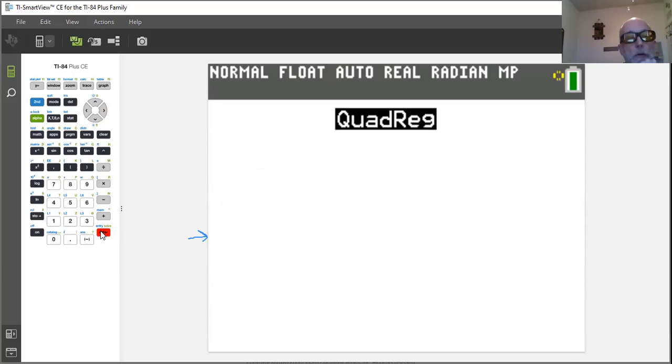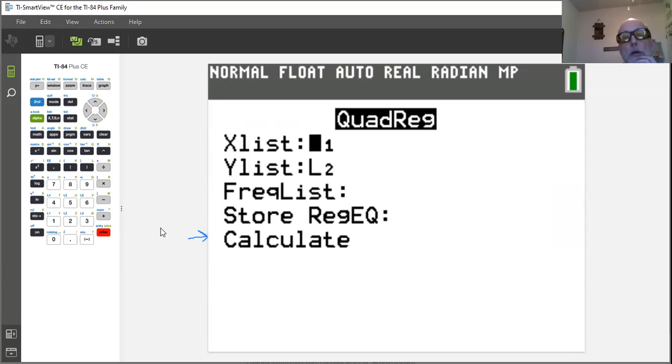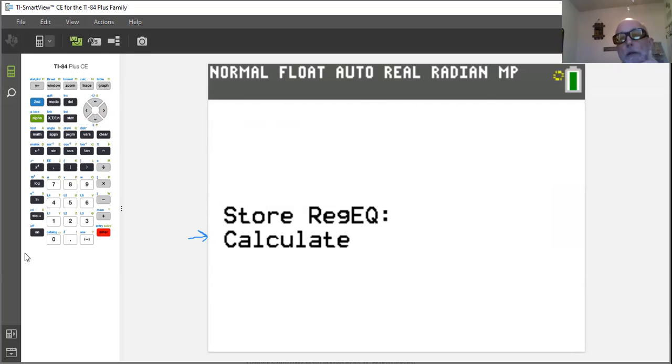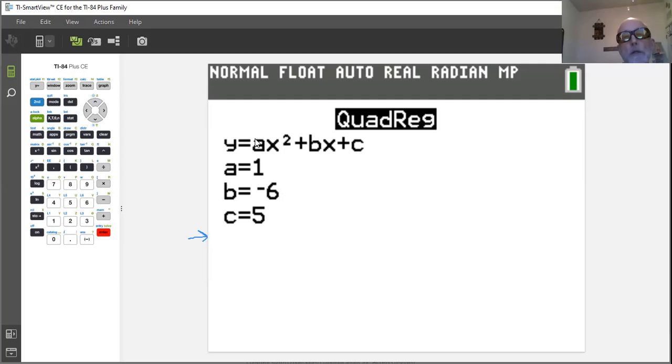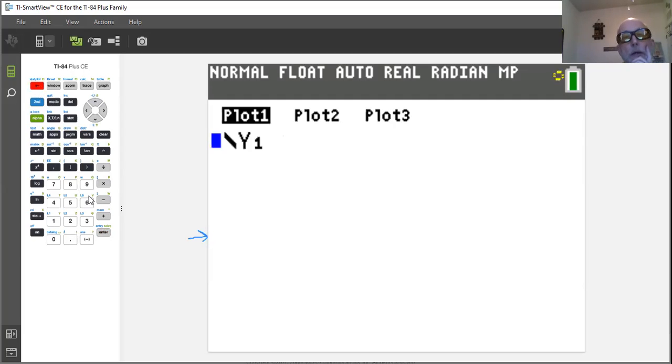Hit enter, and it asks us, did you put the X's in list 1 and the Y's in list 2? It's always nice that it asks you that because sometimes things are not that way. So calculate, and the answer is: A is 1, B is -6, and C is 5. 1, -6, 5. So let's go to y equals and type that in and see if we can make it work.